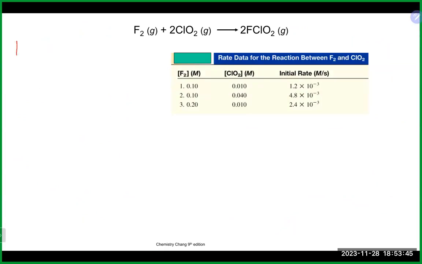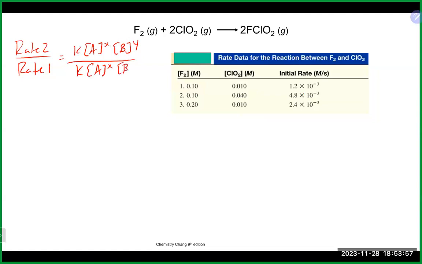You can use rate 2 over rate 1 equals K A to the X, B to the Y, over K A to the X, B to the Y. So what does this mean? This means that you go to a table, which is very common, where you will be given the concentration of your reactants and some initial rates from multiple experiments.